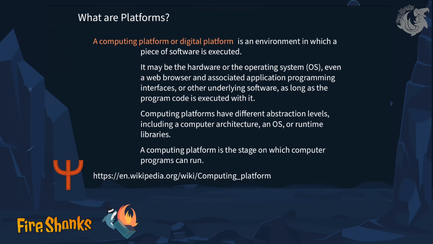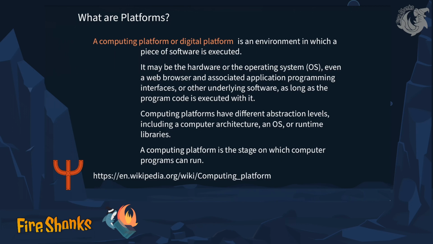But then it maybe gets a bit more confusing. It can be hardware, or an operating system, or a web browser, or maybe also programming interfaces, maybe some other software that's underlying. The only condition is that it can execute my program code.